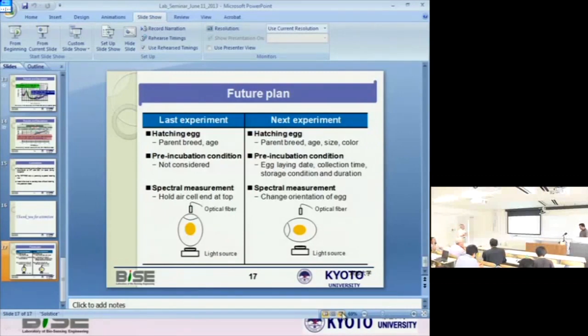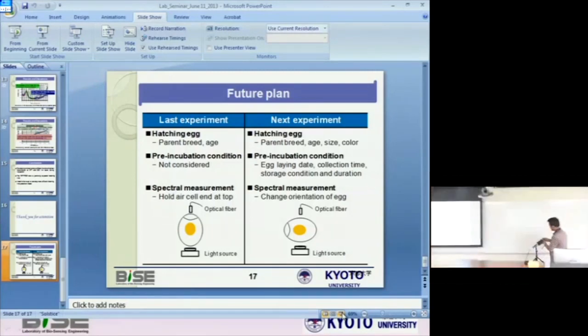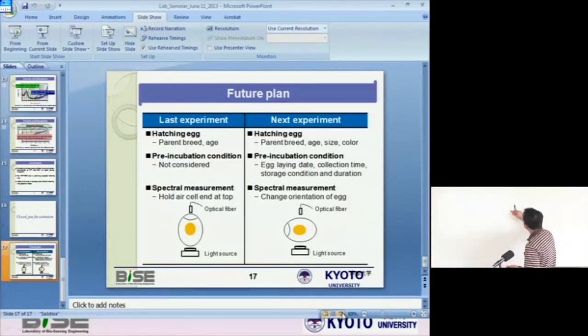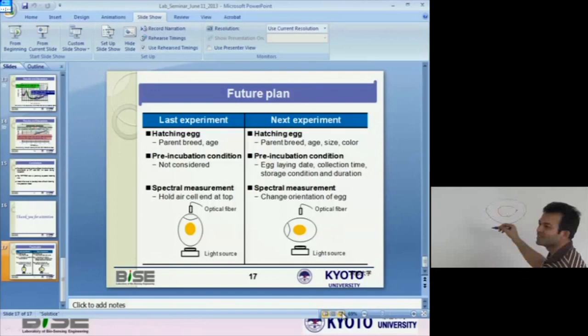You make it clear, better. Here, it is not clear where the blood is. This point or this point or this point. It is not sure. So I have a plan. I will measure 2 or 3 times.